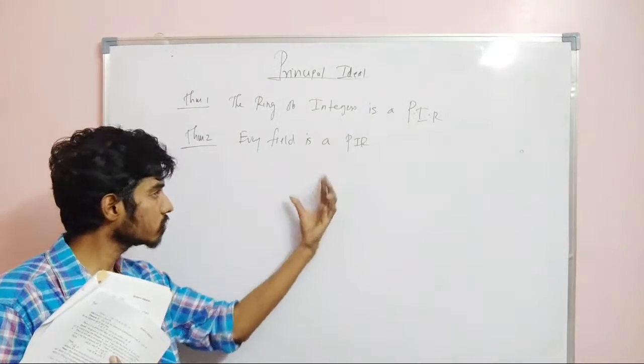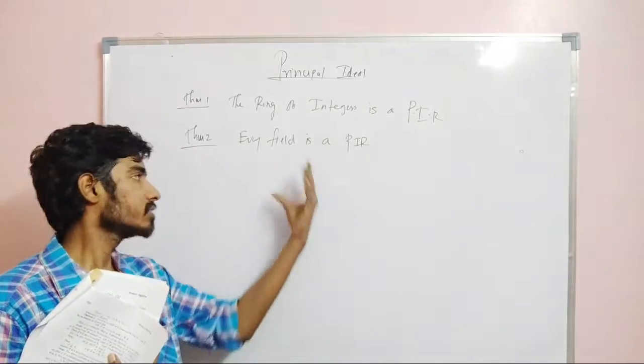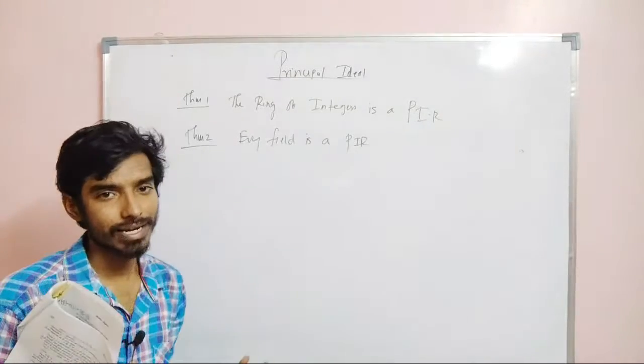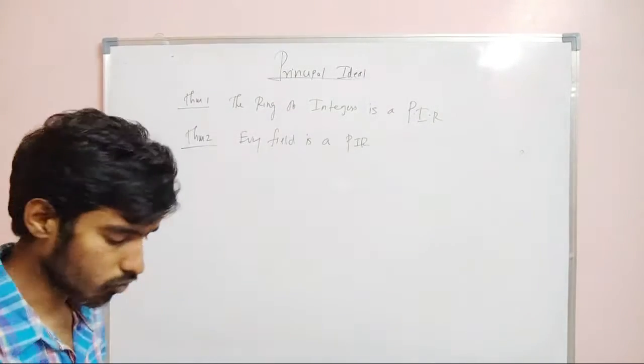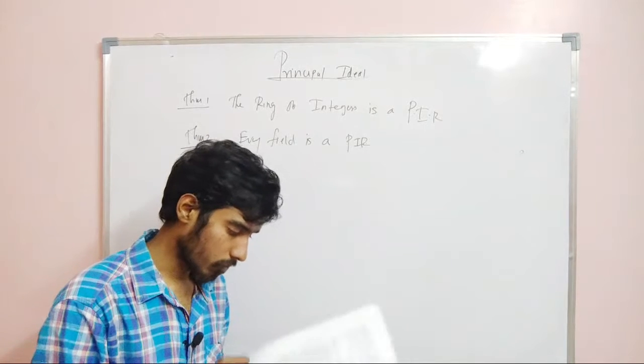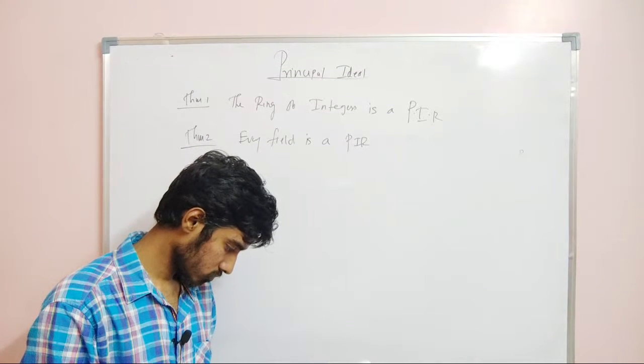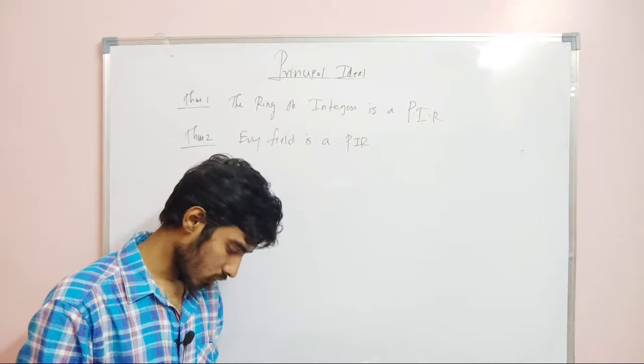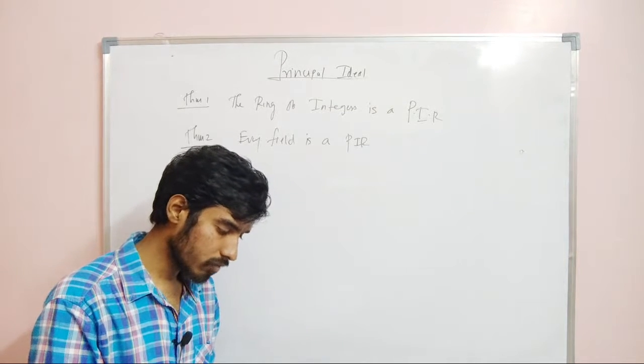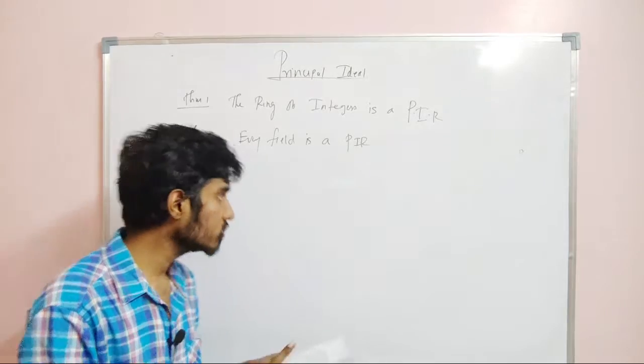So these two are principal ideals, and since every ideal is a principal ideal, it is a principal ideal ring. This is enough to write the proof, right? So you can write the proof on your own. This is the proof for this, right?